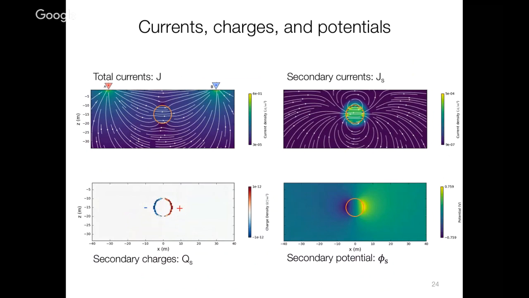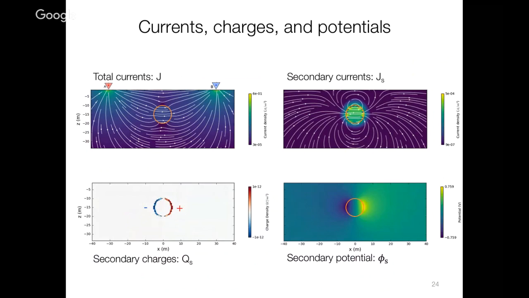In this case, going from a resistor to a conductor, there are negative charges and positive charges. So this is the charge density that's built on that cylinder. And this is the resultant electric field that we see. So that is essentially what we're going to try to measure.